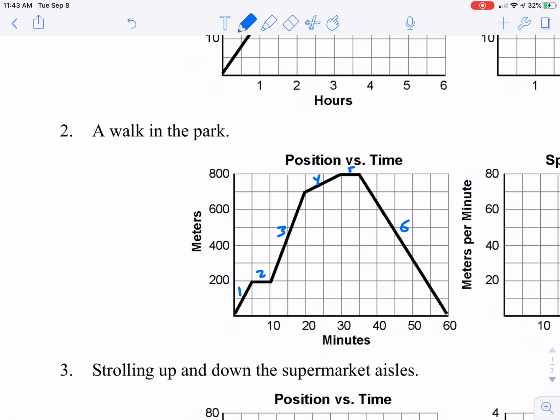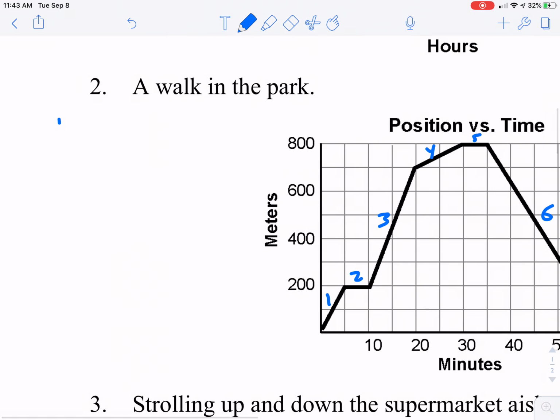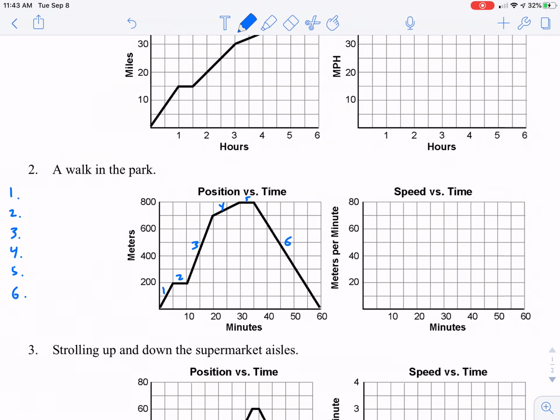So I'm going to number 1 through 6 over on the side, and find the slope of each of those line segments. Then I'll use that information to plot our speeds for those times over on the other side. Okay, so here it goes.